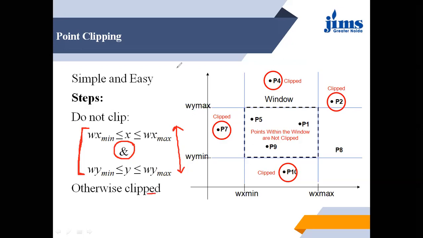You can again see from here that for P5, the value of x is greater than Wx min, you can see over here, and less than Wx max, less than this.